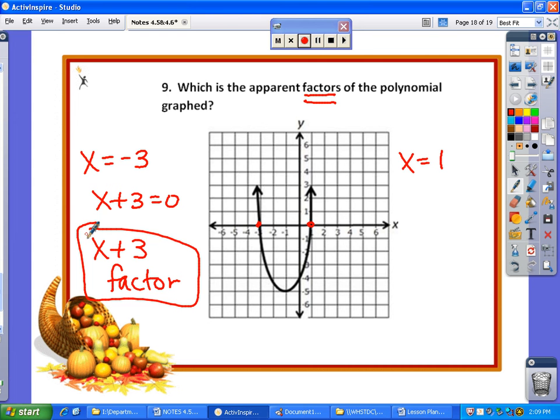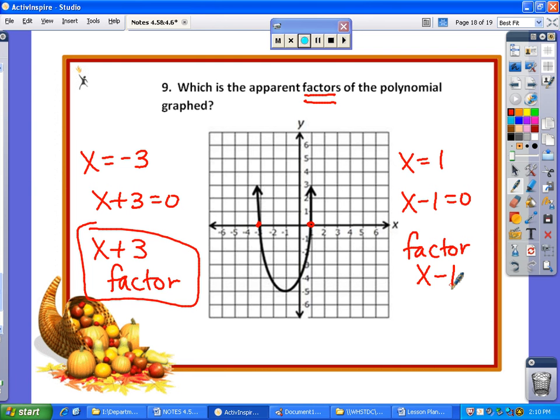All right, let's do the same thing with this one. Subtract 1, we're going to get x minus 1 equals 0. So your factor is x minus 1. So my two answers here are x plus 3 and x minus 1.